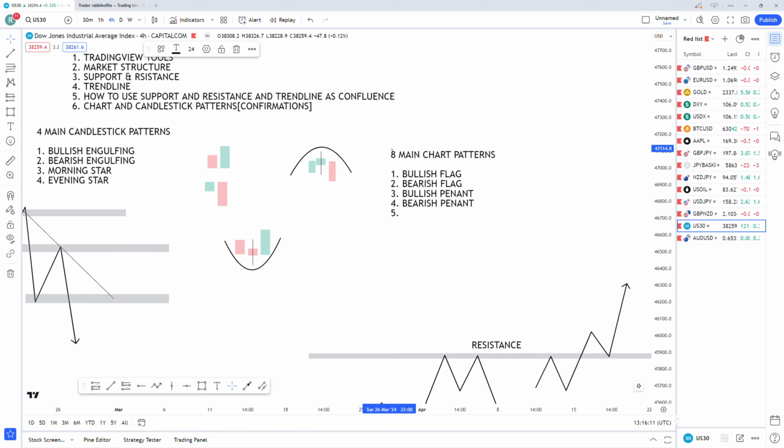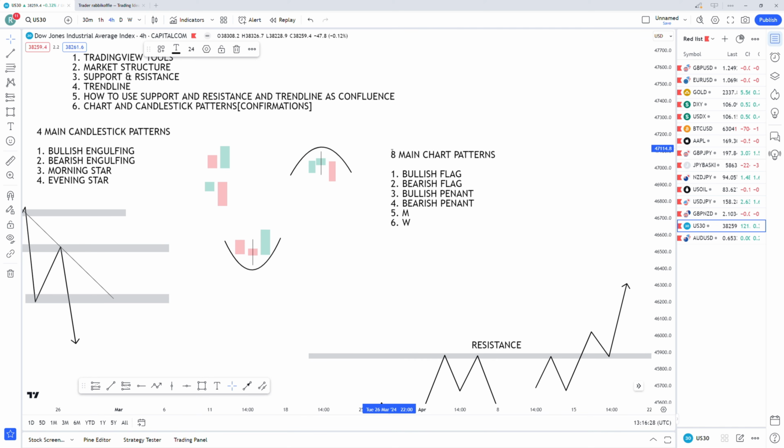Number 5, we have the M pattern. Number 6, we have the W pattern. For those who watched the previous video, How I caught 700 pips on US30, I taught you guys the 8 main chart patterns.